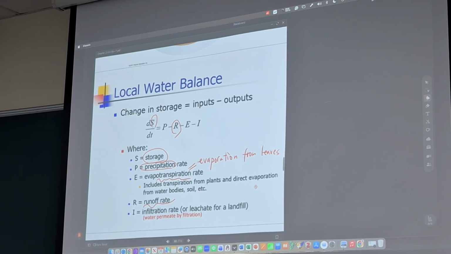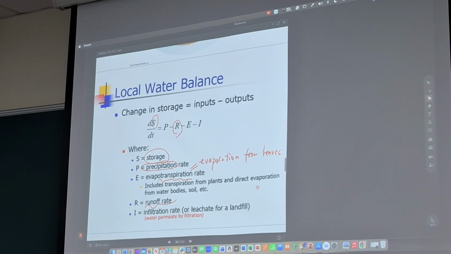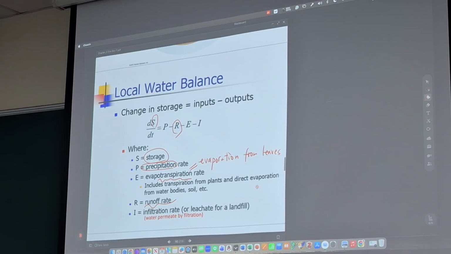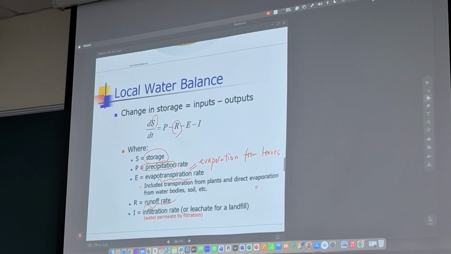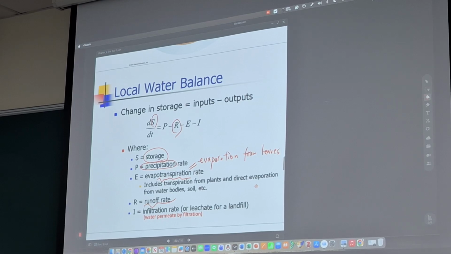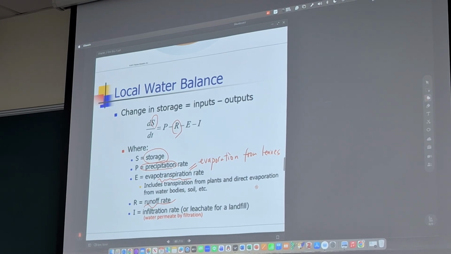So minus E, and also minus I. So I is the infiltration rate. We also call it leachate.